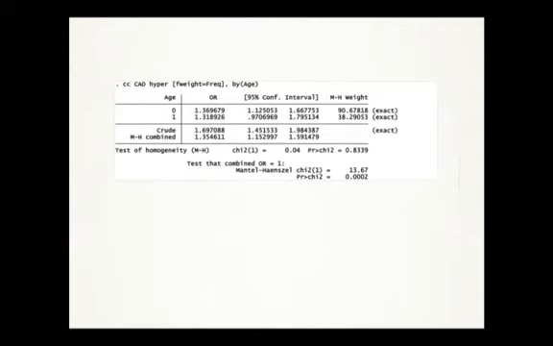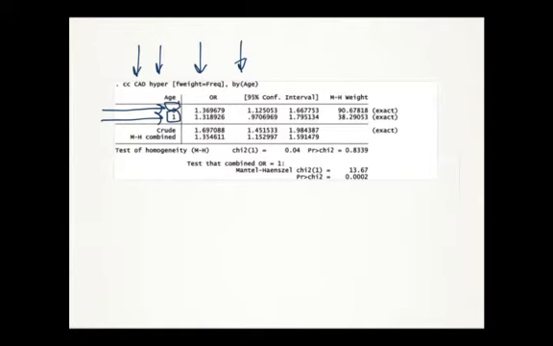So here's some Stata output. Remember, in our data set we have CAD for coronary artery disease, hyper for hypertension. We want to weight it by frequency, right? We want to give more weight to the tables that we have more information or more study subjects from. And then we're looking at by age. Here age 0 and 1 correspond to those between 35 and 39, and those greater than 65.